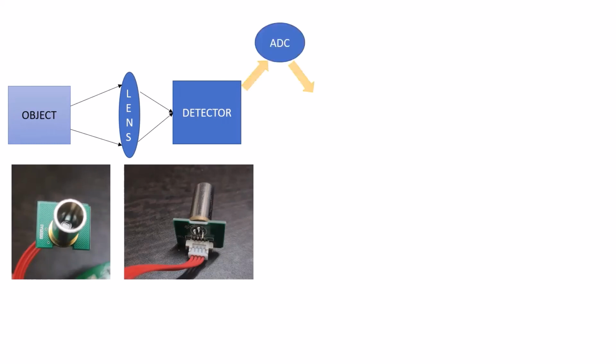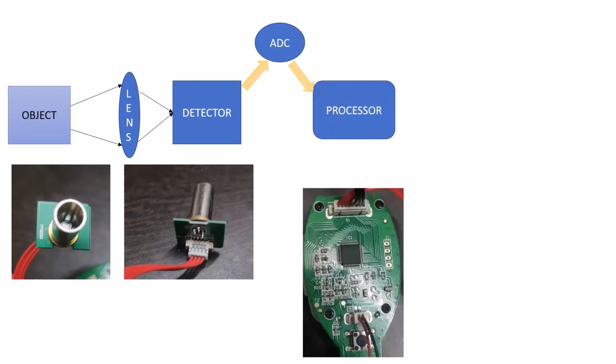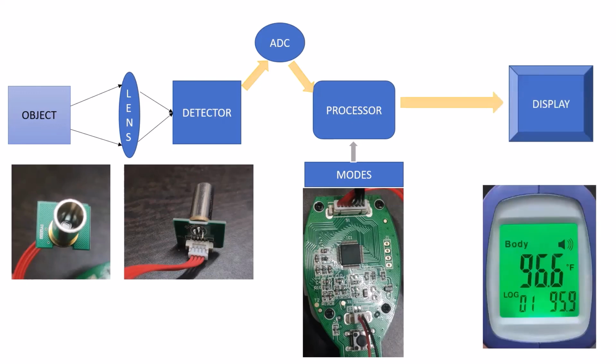Then the analog signal is converted to a digital signal and goes to the processor. If you want to change the mode, like Celsius to Fahrenheit, we use the mode option. We can also store the data in memory. Now the temperature can be seen on the display. This is the entire process of the IR thermometer.